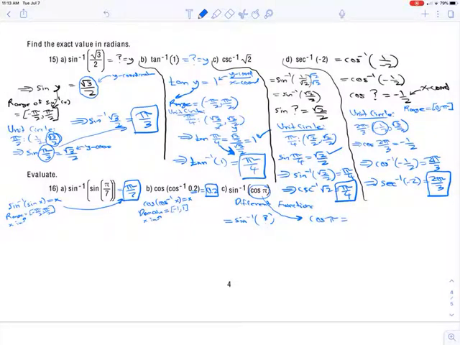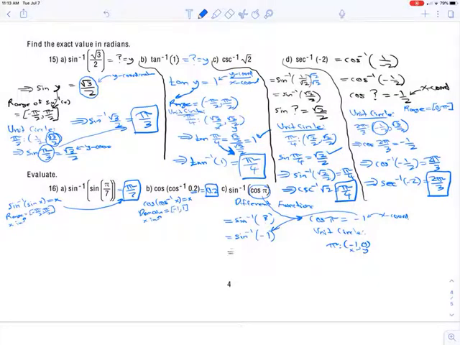Well, at pi, let's use the unit circle. On the unit circle, we know pi gives us an ordered pair of negative 1, 0. So there's the x-coordinate and the y-coordinate. So cosine of pi equals -1, the x-coordinate. So as we go back to our problem, this is equal to sine inverse of -1.